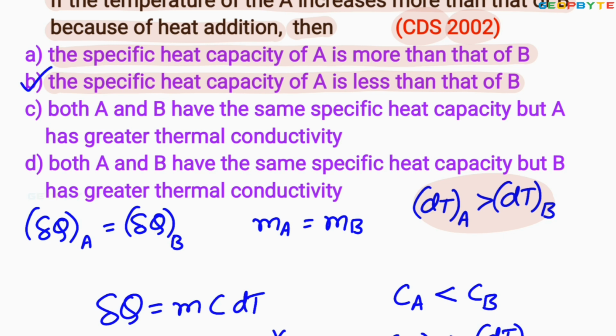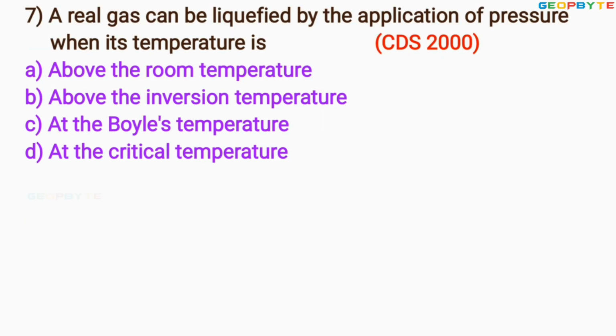The next one is, look at the seventh one, asked in 2000 for CDS exam. A real gas can be liquefied by the application of pressure when the temperature is. Dear friends, remember, a gas can liquefy only at a temperature below the critical temperature.